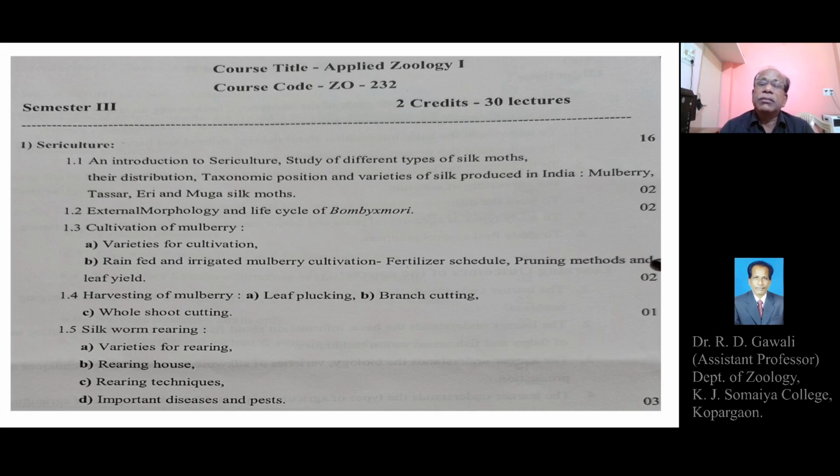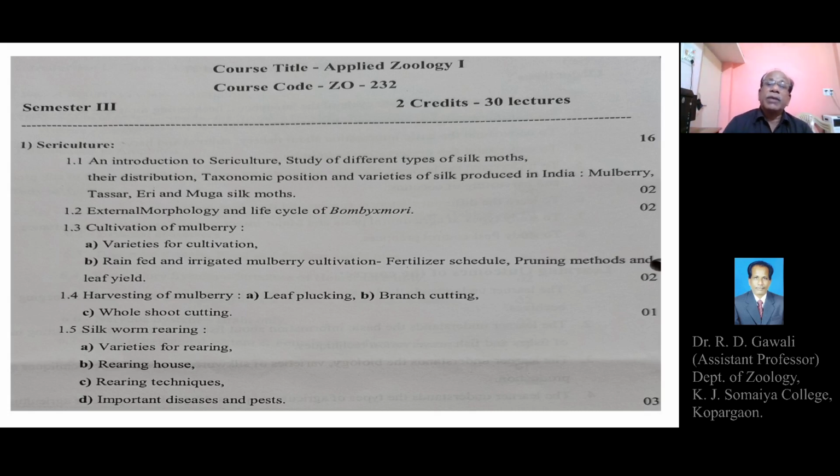Then another strain or variety is bivoltine, and these varieties undergo reproduction twice, that is two generations in a year. So the cocoons of the mulberry silk moth can be harvested twice in a year.